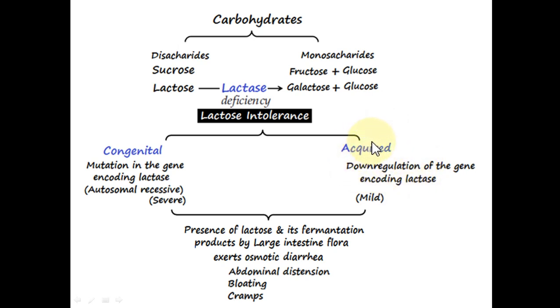And this happens by a type of natural selection, where large amounts of lactase are required to break down the lactose into glucose and galactose. Later on, when a child grows and other foods in addition to milk are added to the diet, the need for the lactase enzyme decreases, and this results in down regulation of the gene that encodes lactase.